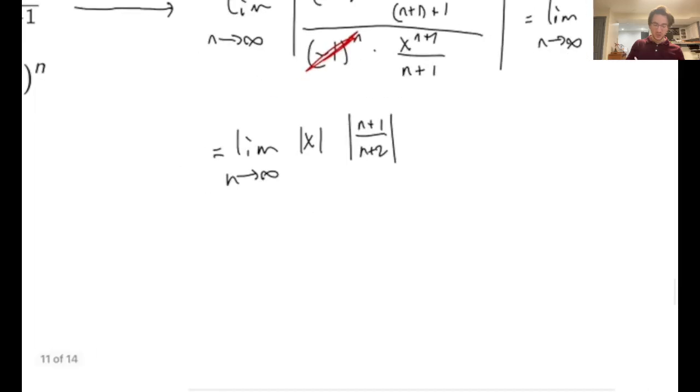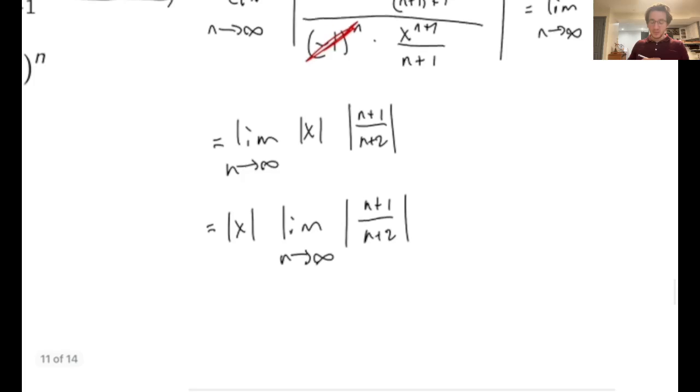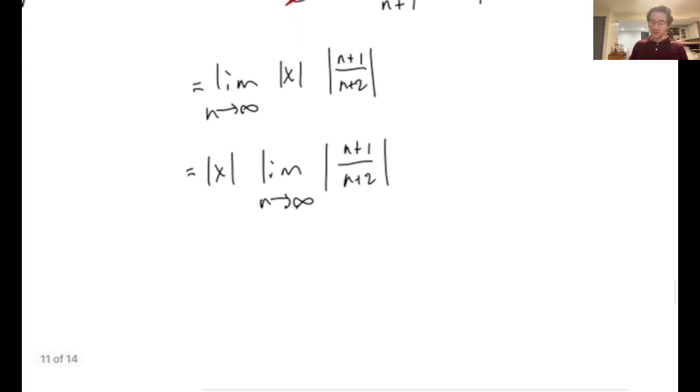And now that absolute value of x I can pull out in front of the limit. Okay. And when I take the limit as n goes to infinity of n plus 1 over n plus 2, the absolute values you can drop here because n is positive, right? I end up with 1 from that limit. This limit is just 1.